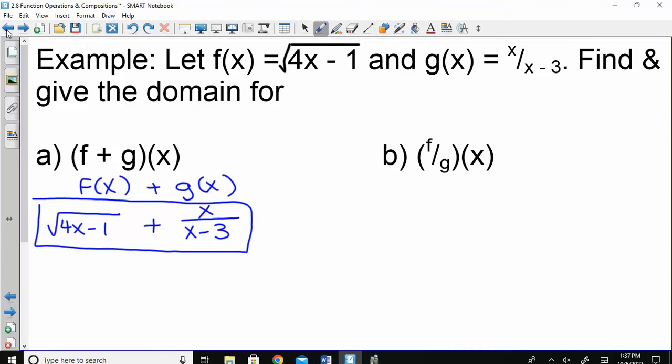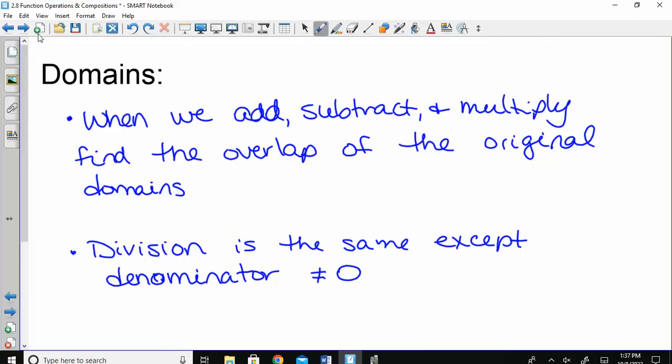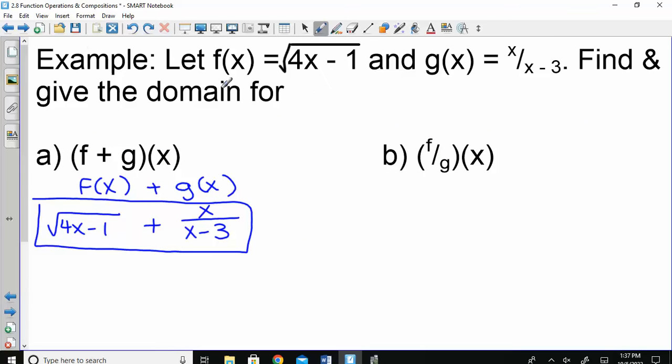So what we have to do, I said to find the overlap of the original domains. So we need to look at each of these original functions. If we have a square root, what do you know about something under a square root? What does it have to be? Positive. So that means 4x minus 1 has to be greater than or equal to 0.